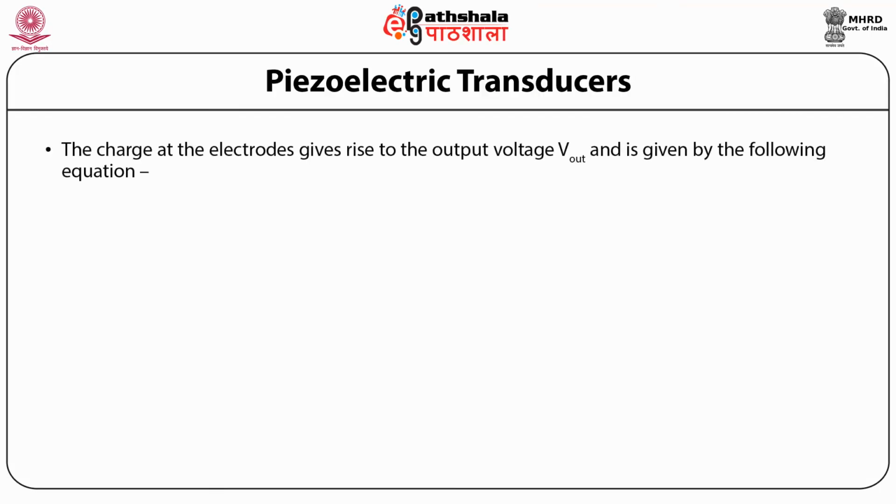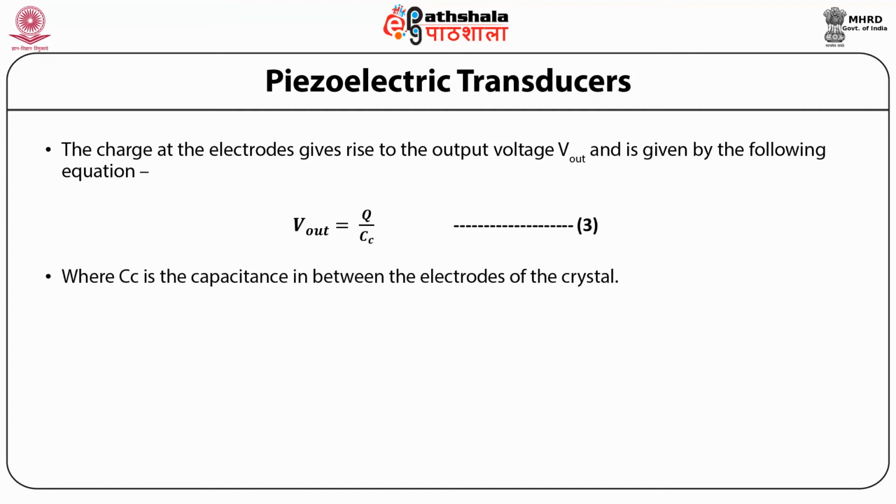The charge at the electrodes give rise to the output voltage V out and is given by the following equation. V out = Q / Cc. This is equation 3, where Cc is the capacitance in between the electrodes of the crystal.